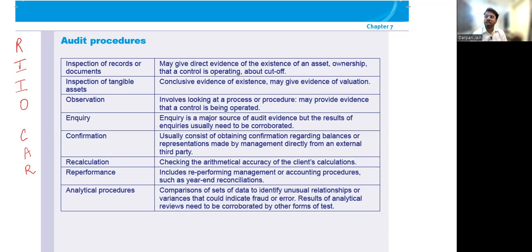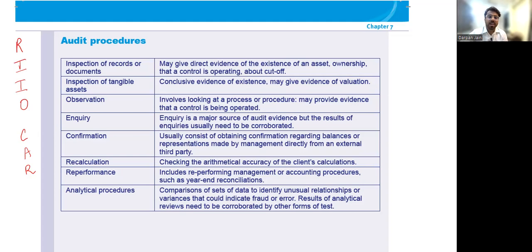So you're checking what? You're checking ownership. With the help of this land deed, you're checking as to whether the client is the owner of that land or not, right? So that is inspection of records or documents. You're inspecting sales invoices or land deeds, etc. Read there.